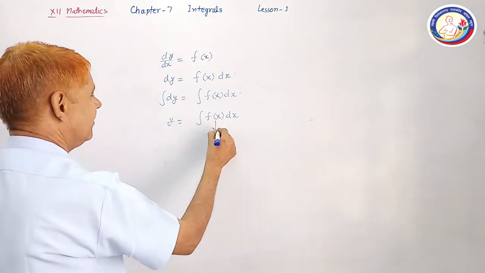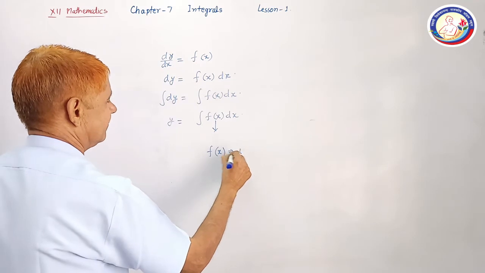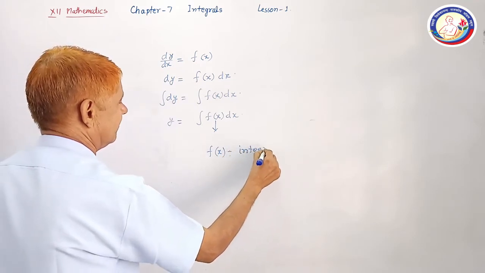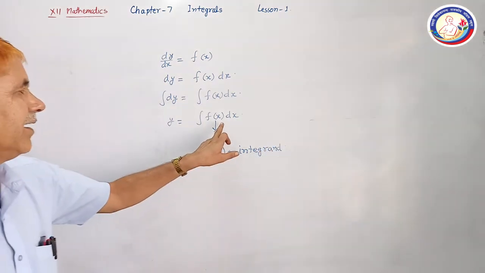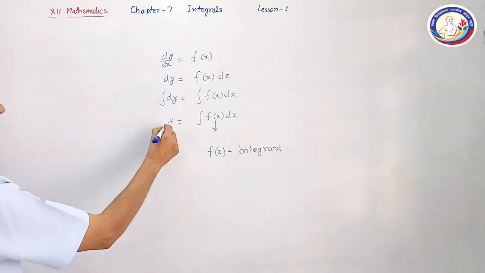This f(x) is called the integrand. The function for which we are finding the integral is called the integrand. And the value of the integral is called the integral.